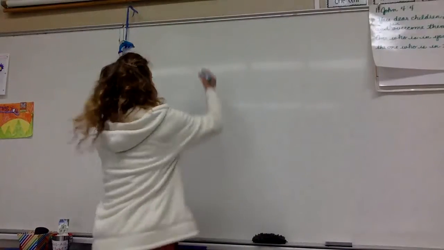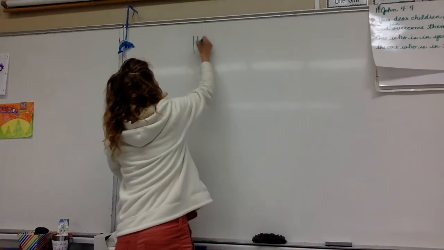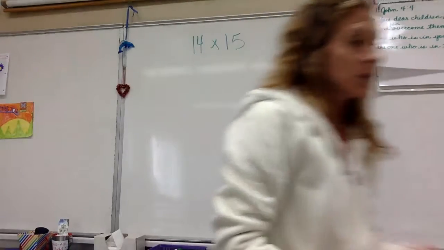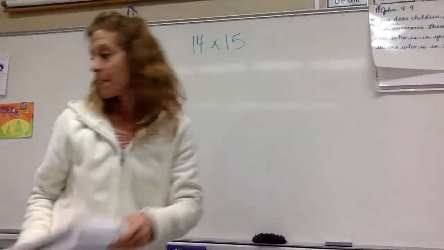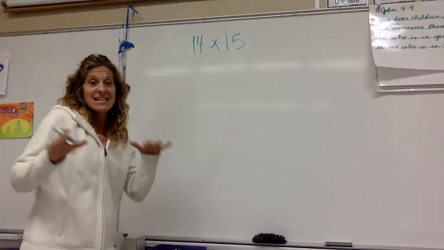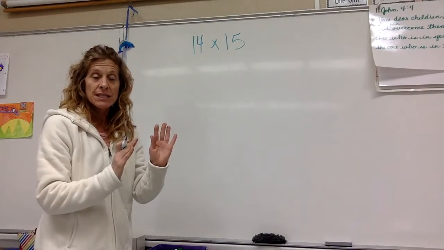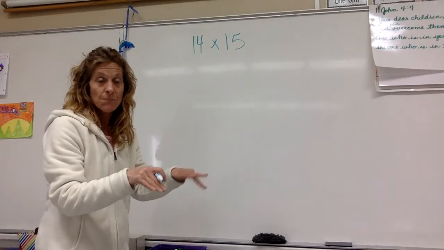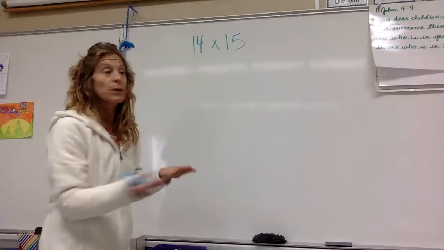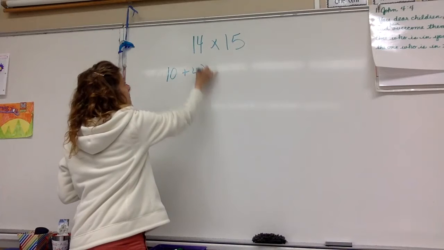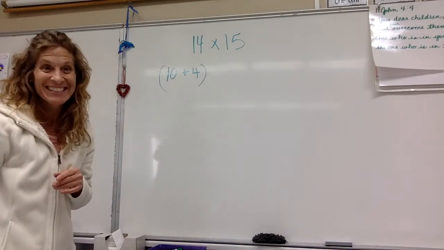14 times 15. Okay? They have taken the 14 and they did exactly the same thing that they did with the 13. They're making 14 now broken down into 10 plus 4. So this guy is now that.